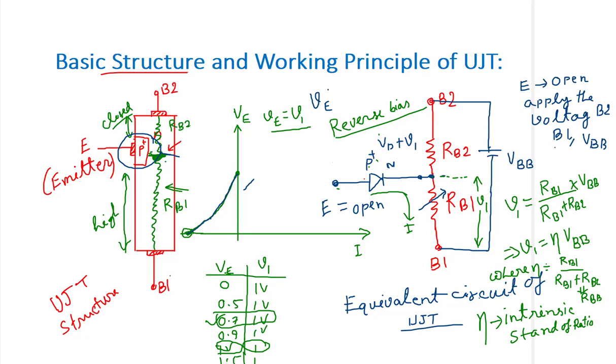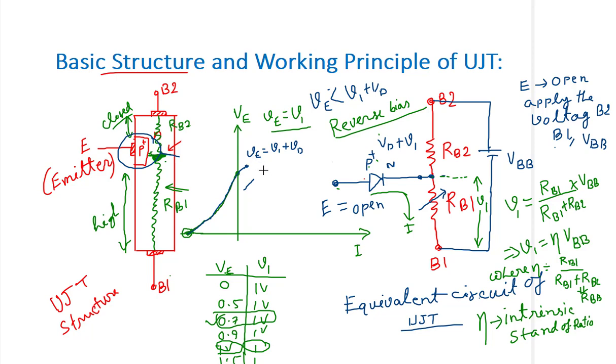So when VE is less than V1 plus VD, there is a slight current flow. When VE equals V1 plus VD, the current will be constant and fixed. There will be a slight peak current.